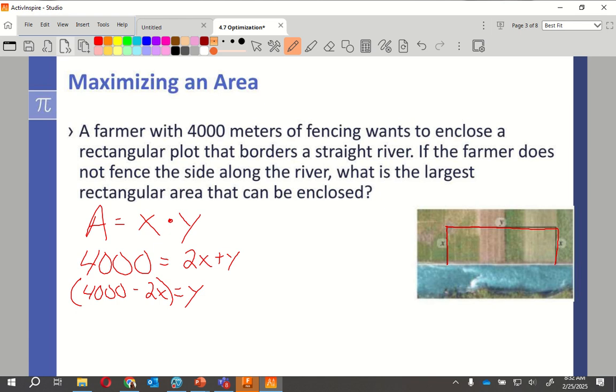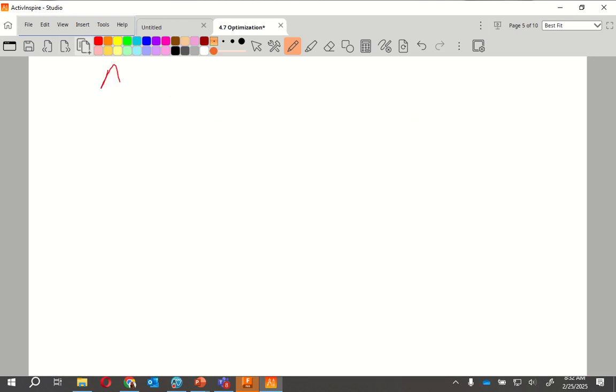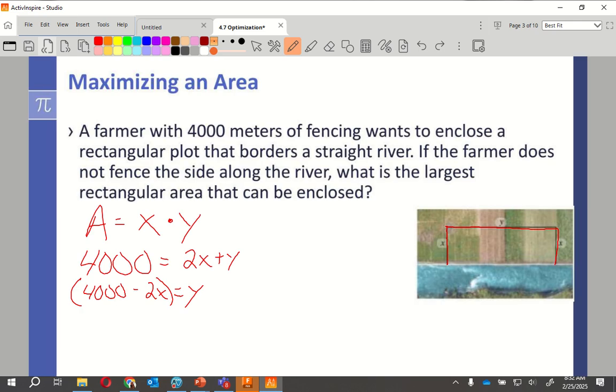So now I'm going to substitute my y value for all of this. I'm going to go to another page for this. So I have A, and I'm replacing the y with 4,000 minus 2x. So 4,000 minus 2x, I'm replacing that.